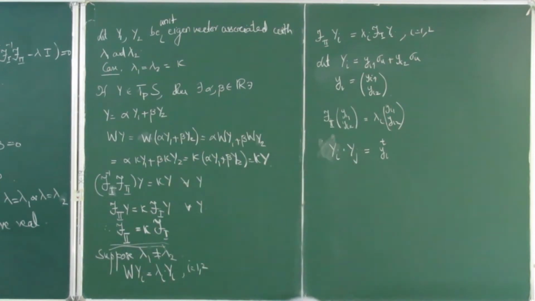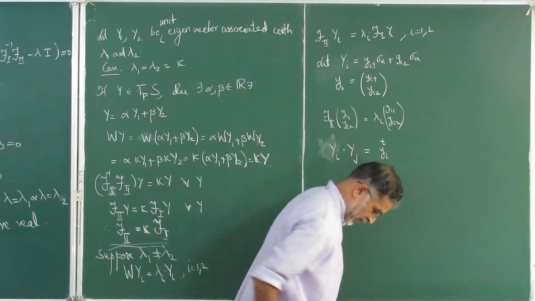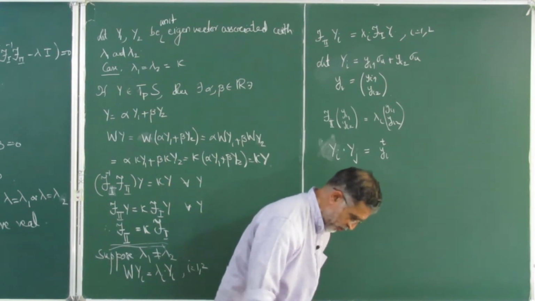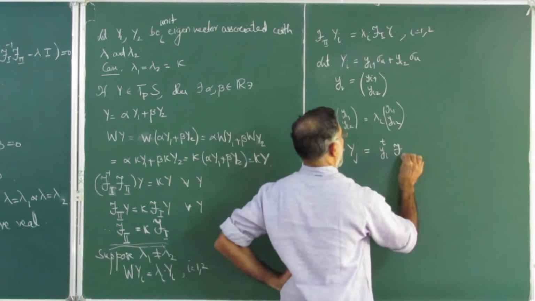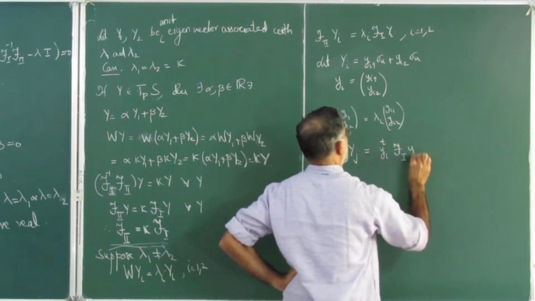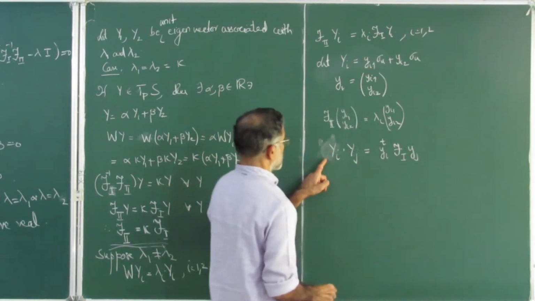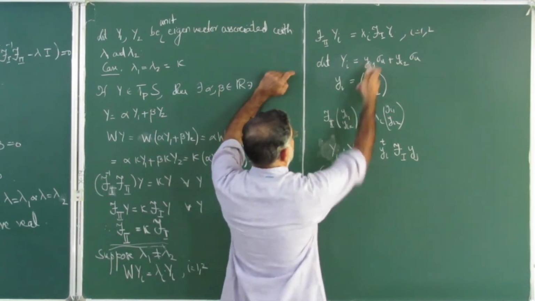I mean, this equation we have written. If you want, you can directly write and prove it again. Not an issue. Write it. Yi transpose yj. So if you have difficulty with this, substitute here.